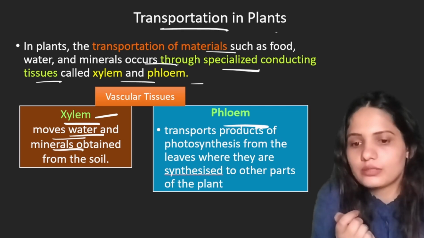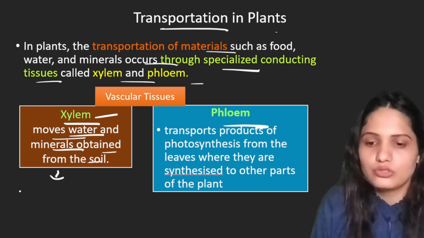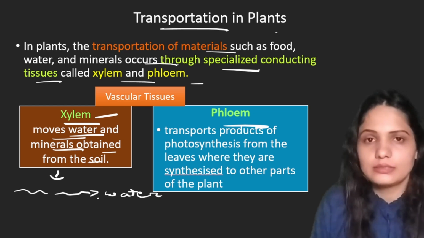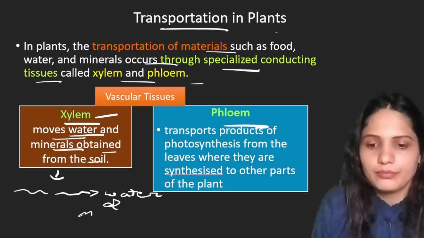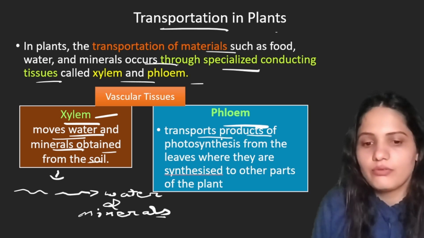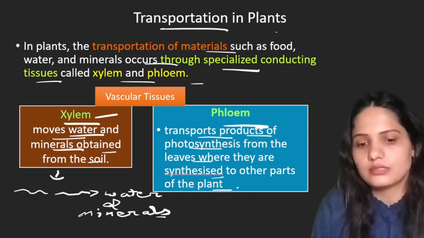Xylem moves water and minerals obtained from the soil. So the function of xylem is to move water and minerals in the plant. And phloem transports products of photosynthesis from the leaves where they are synthesized to other parts of the plant.